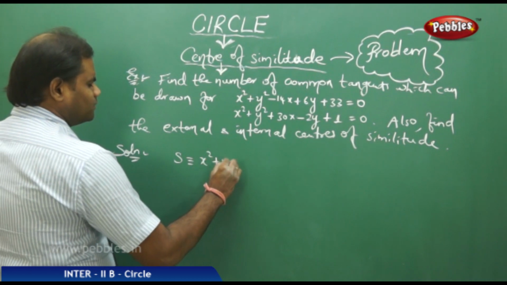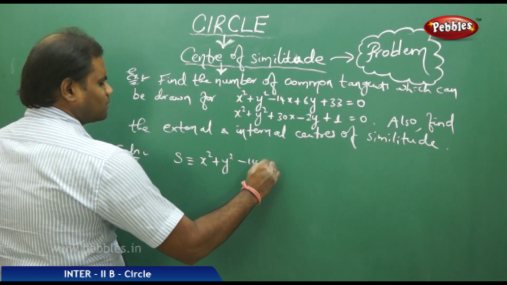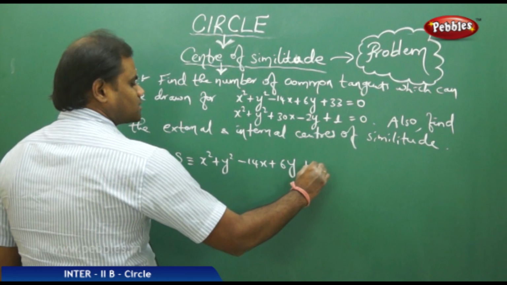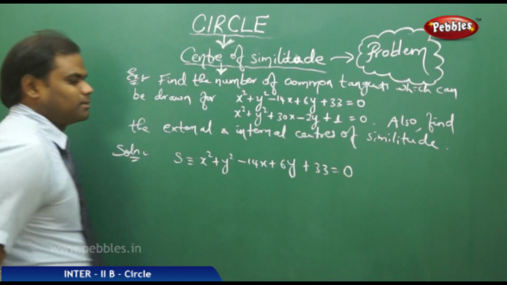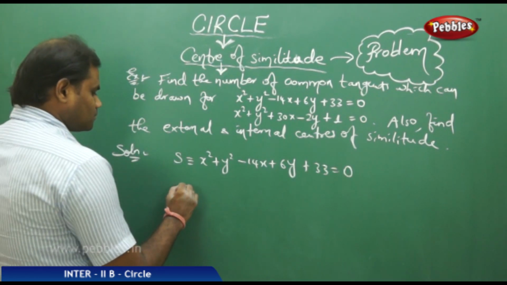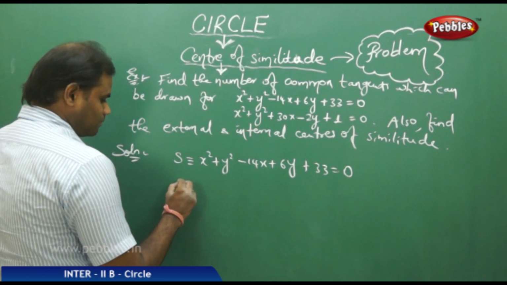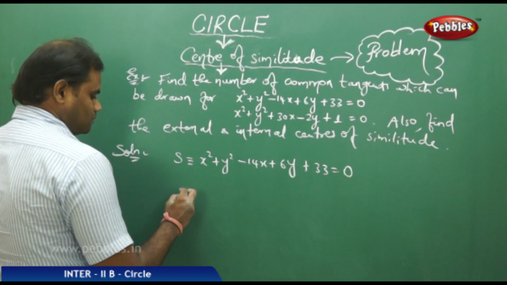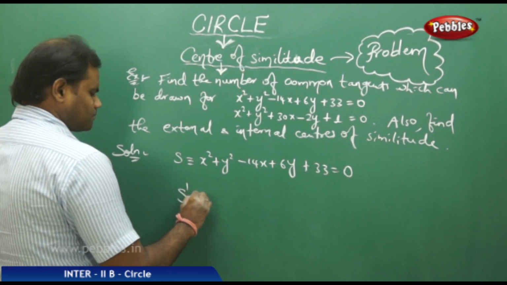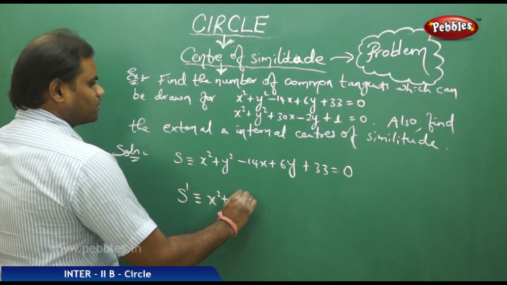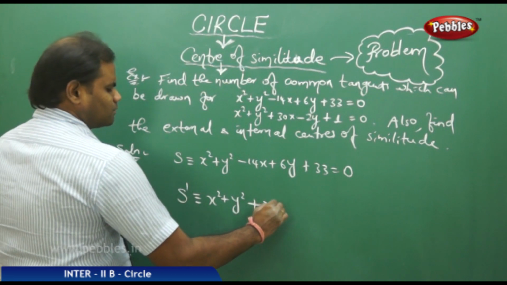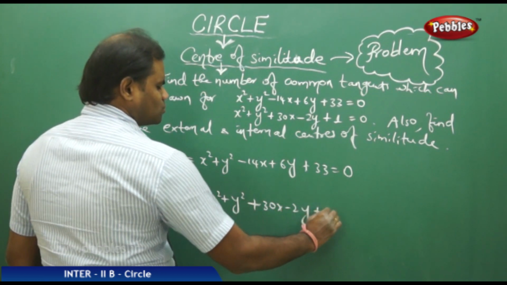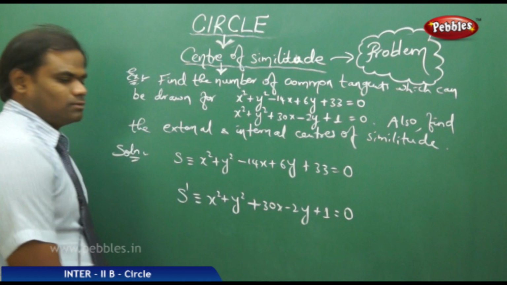Now as I take the two circles, I have the first circle, which is x squared plus y squared minus 14x plus 6y plus 33 equals 0. And my second circle, which is S dash: x squared plus y squared plus 30x minus 2y plus 1 equals 0.